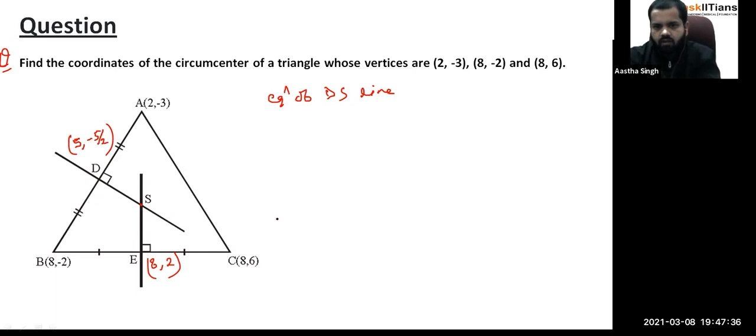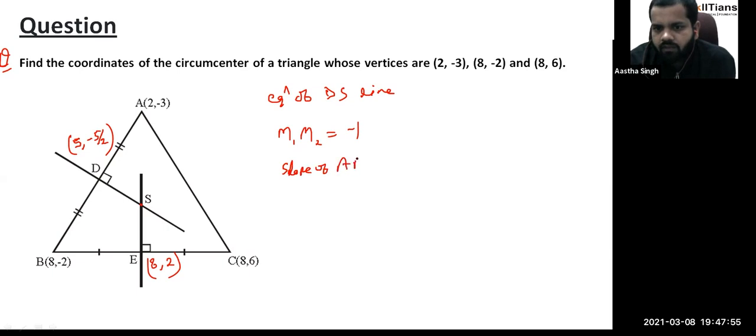And guys, for perpendicular lines, the product of the slopes M1 and M2 is equal to minus 1. If you know the slope of AB, then the slope of AB times the slope of DS will be equal to minus 1.